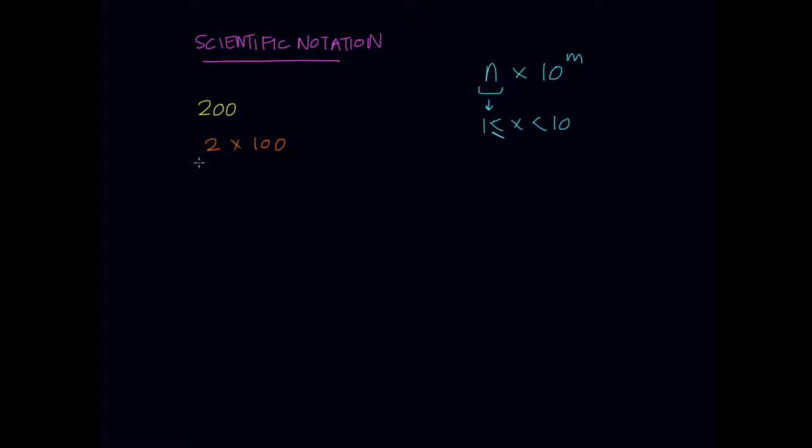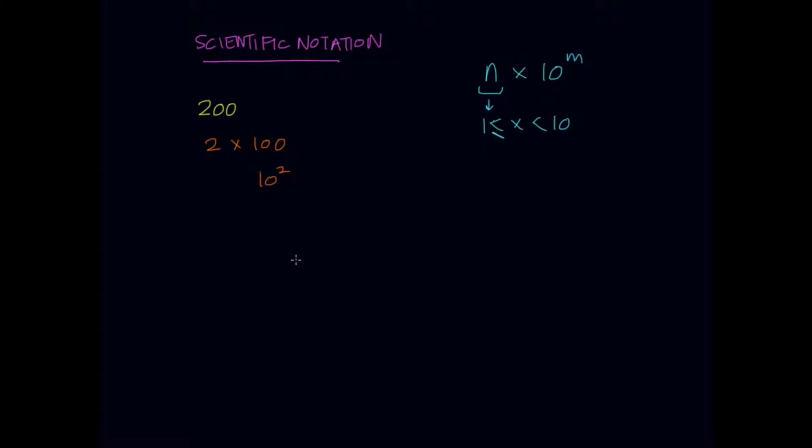We have our first value here, 2, and 2 indeed is greater than 1 and less than 10, so this would be a correct value for n. Now 100, we need to represent as a power of 10, and we know that 100 can be written as 10 to the power of 2.